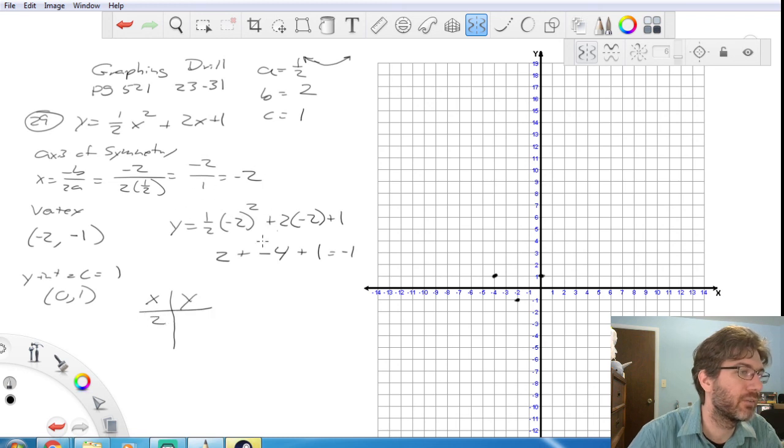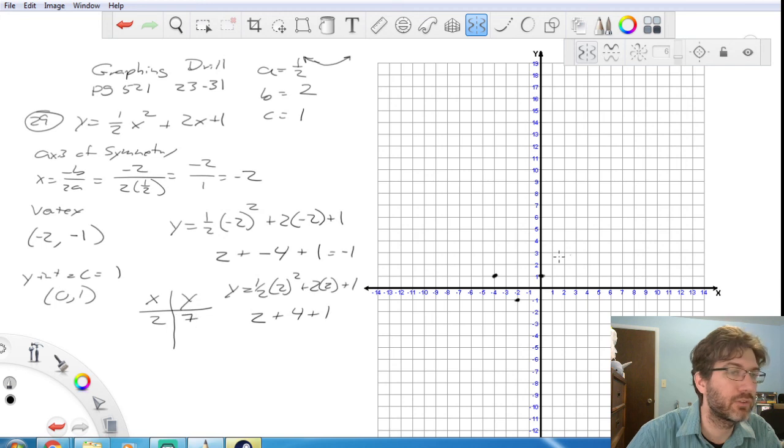You get the positive version of all of that, and how that's going to change is really just going to change that sign. So 2 squared, well here, let's rewrite it. Y equals 1/2 times 2 squared plus 2 times 2 plus 1. 2 squared is 4, half of 4 is still 2. 2 times 2 is 4 plus 1. That gives you 5, 6, 7.